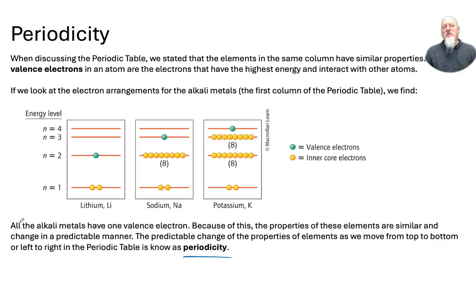And that's why the periodic table is the periodic table, and that's why we have these things called periods and so on, is that the elements in a column all are going to have similar properties and similar reactivity. And the reason for that is because of this fact that they all have the same number of valence electrons.